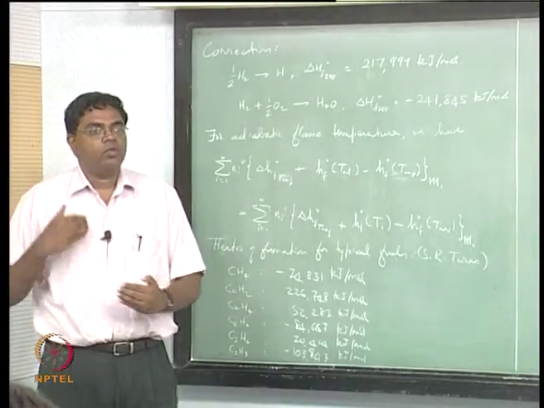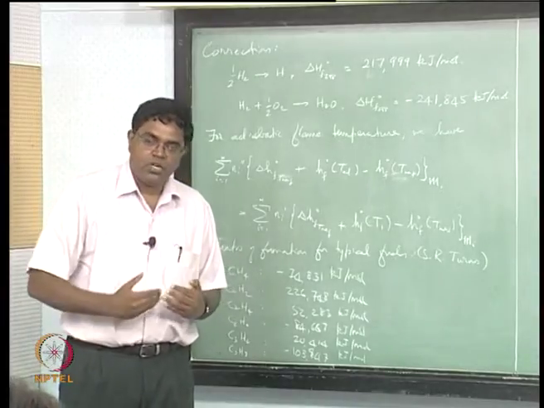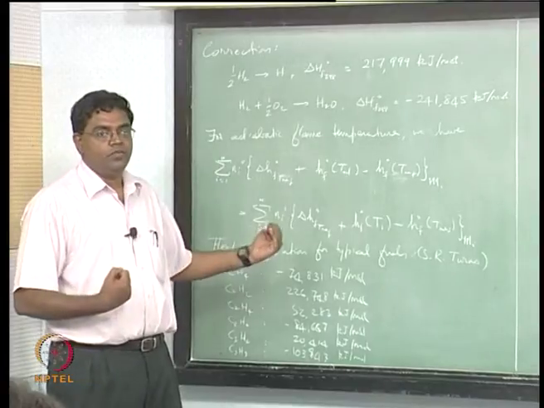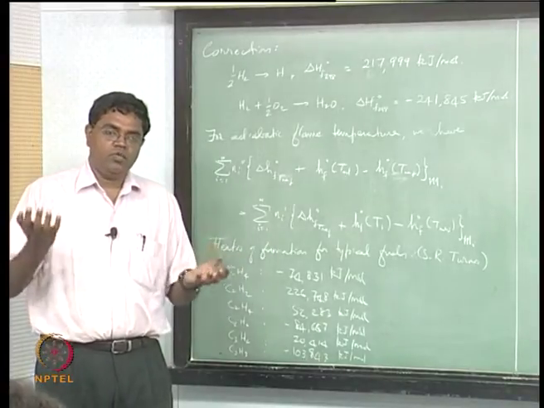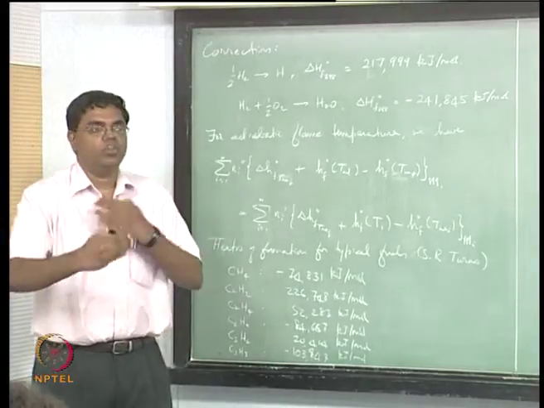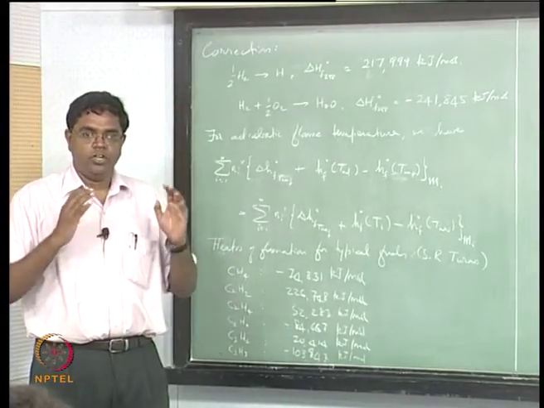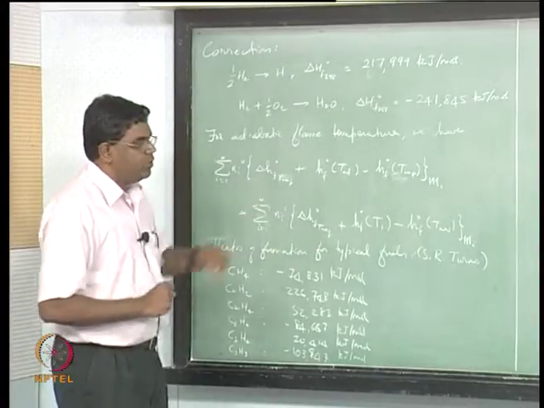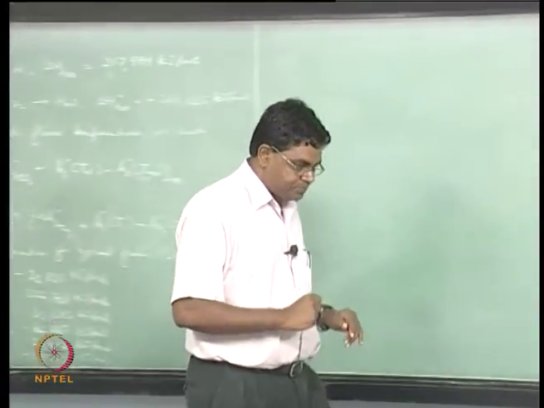We now finally get to products which are high in sensible enthalpy and low in heat of formation. So what you started out with, low sensible enthalpy, high heat of formation, gets transformed into the other combination. This is exactly what's going on in determining this adiabatic flame temperature.